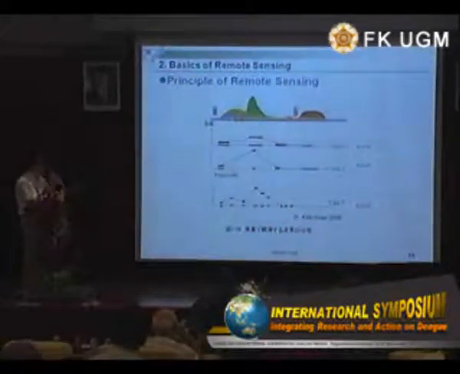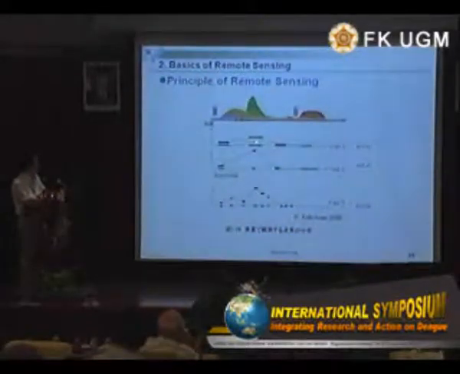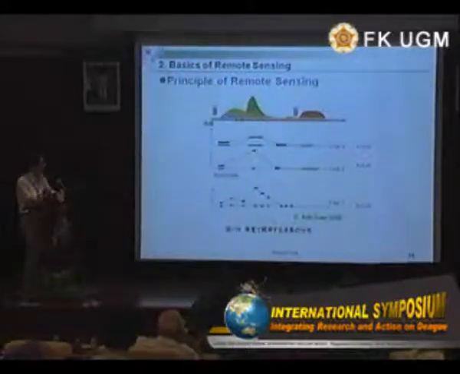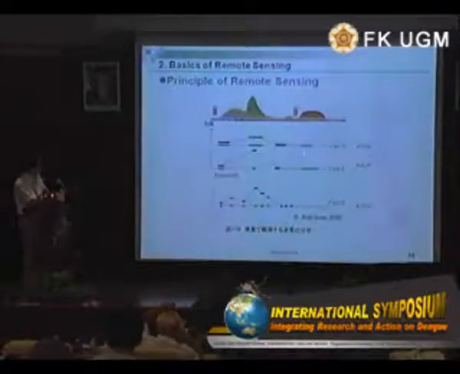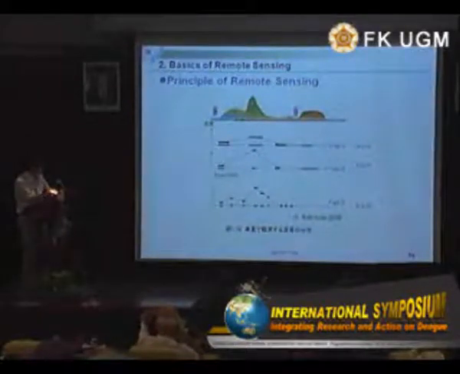This is a spectrum, this is a kind of reflectivity here, and this is a kind of sensor combination. In this case, we have four bands. We have four different sensors.